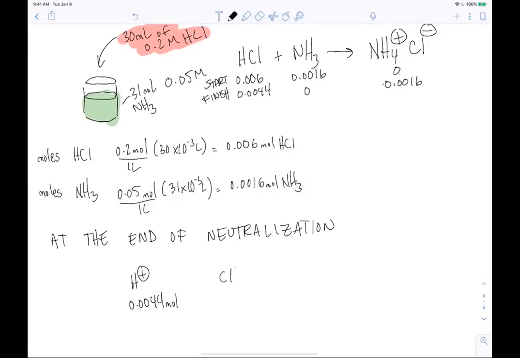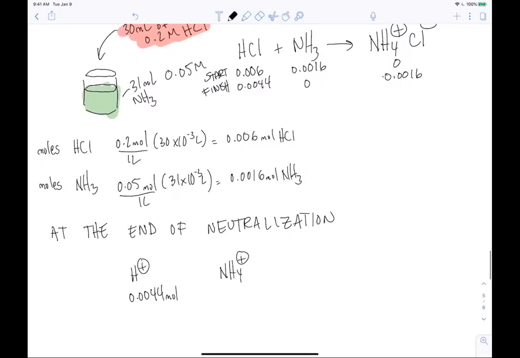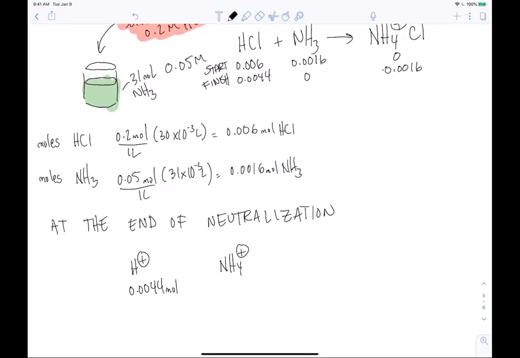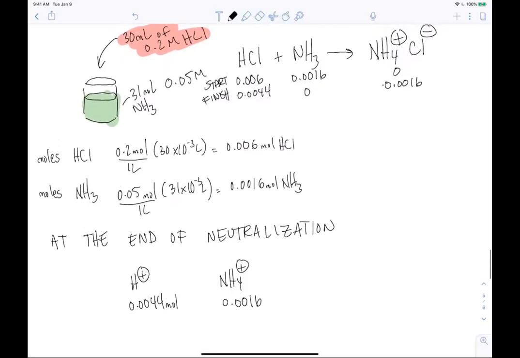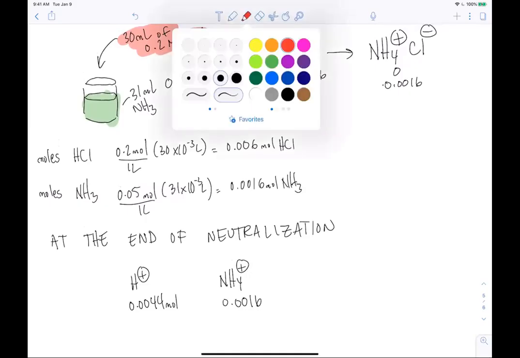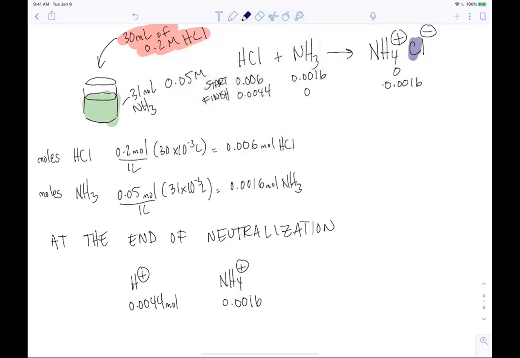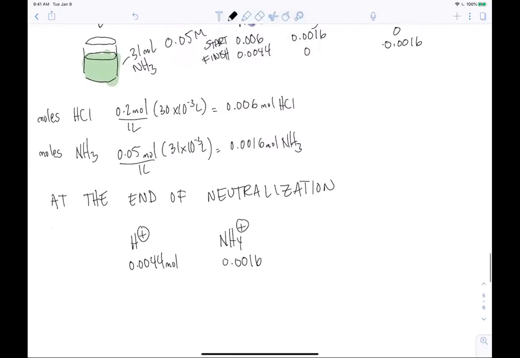We also have Cl minus. So you also have Cl minus there. Right, but that doesn't actually affect the pH at all because it's not even a weak base, it's a spectator ion.